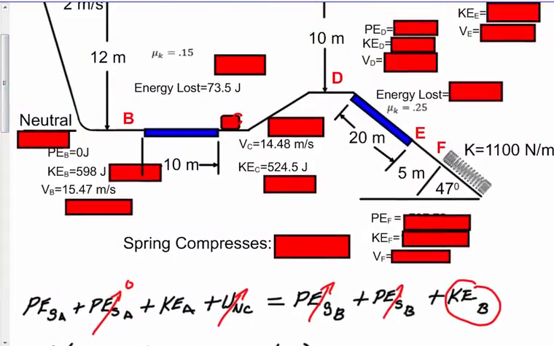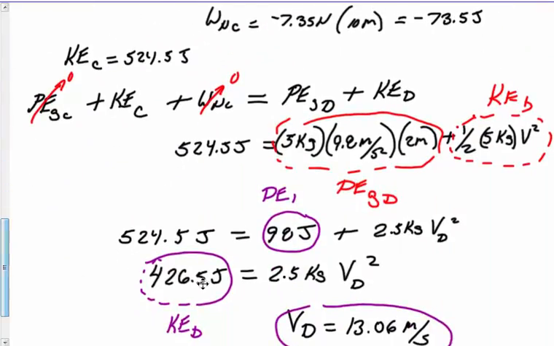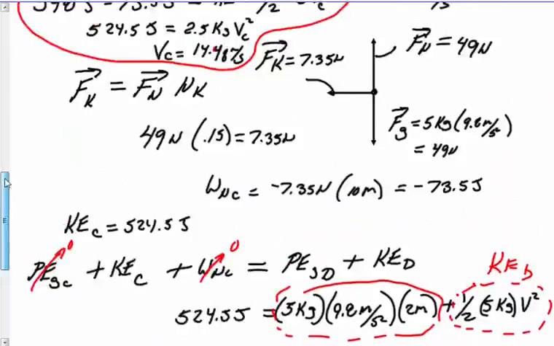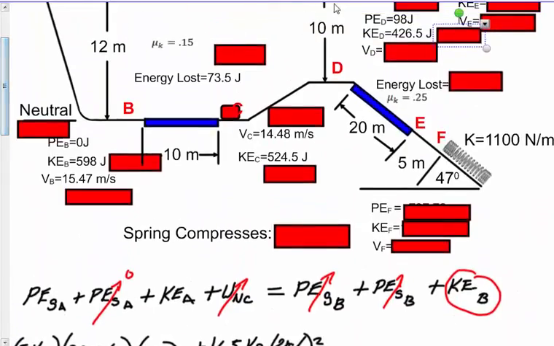My gravitational potential at D, 98 joules. What's my kinetic energy? I got 426.5. I believe that's what I got down here. Yes, 426.5. And my velocity at D, I had 13.06. Let's check and see if I got that here, and that's 13.06. All right, so we're moving right along. We're doing great so far.